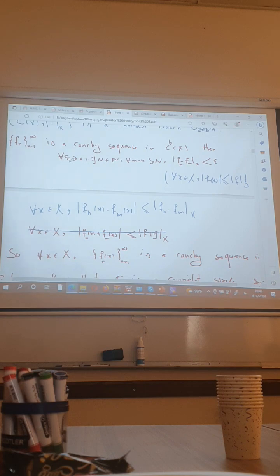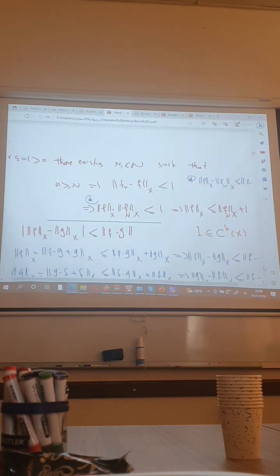Assume that epsilon equals 1, so there exists a natural number that we denote by n1, such that if n is greater than or equal to n1, this is less than 1.